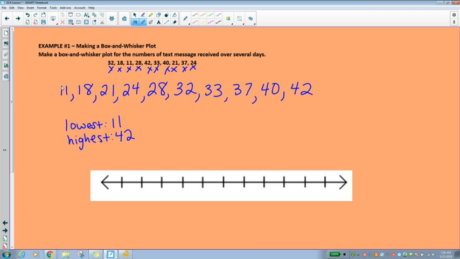I'm going to number my number line, knowing that I have to include 11 and 42, because the median will be in the middle of those. Q1 will be between those, and so will Q3.